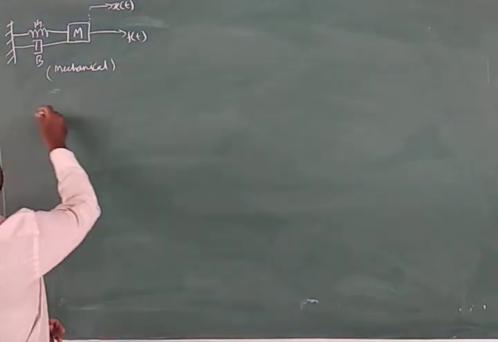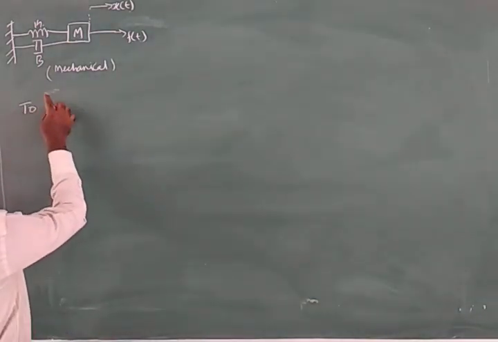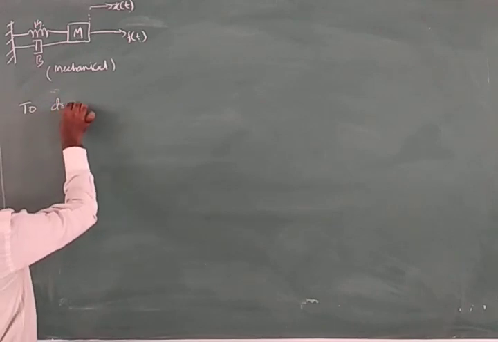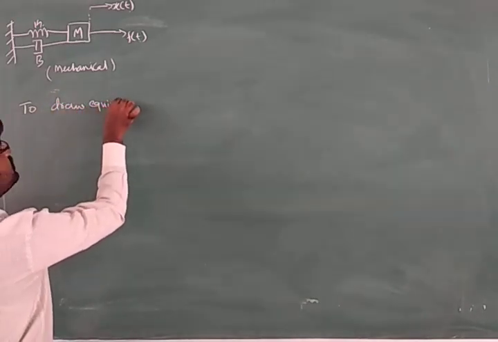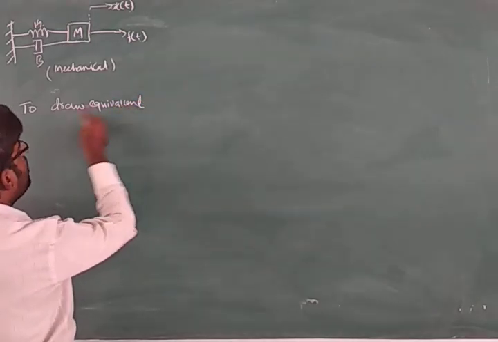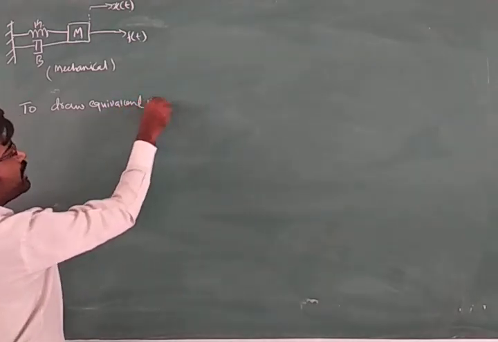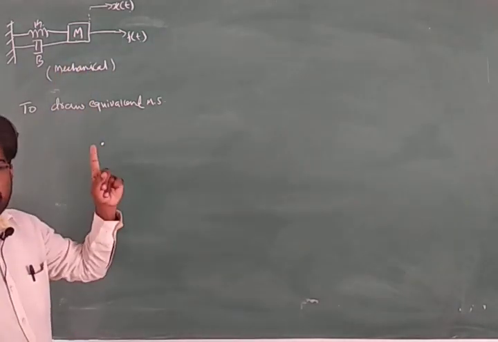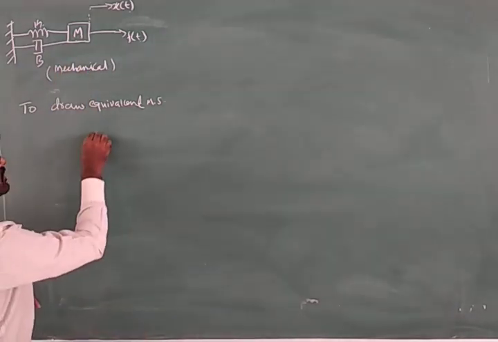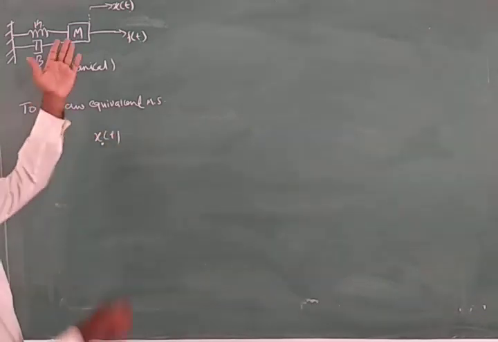The first step is to draw the equivalent mechanical system. How many nodes? Mark only one displacement. So one node, name it x of t, whatever is given, x of t.